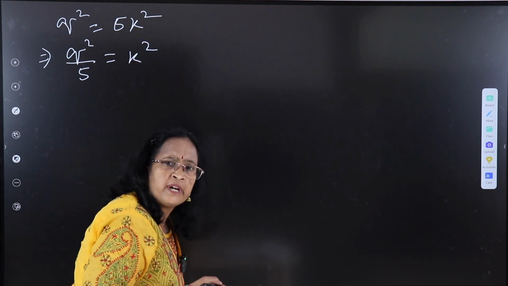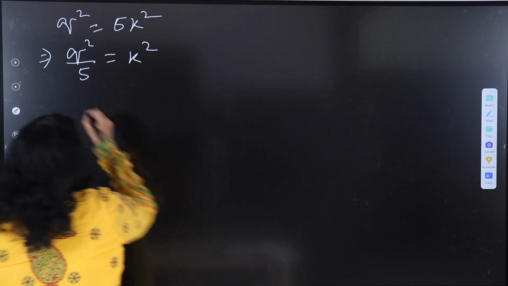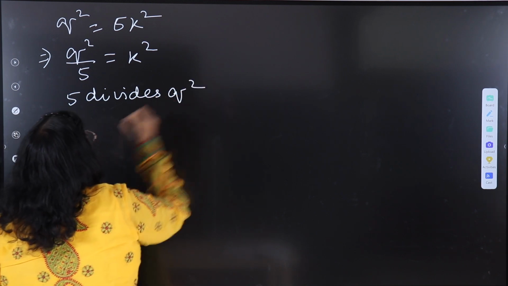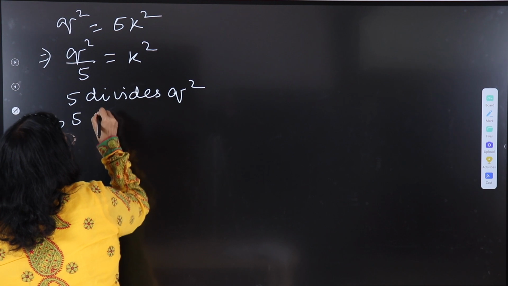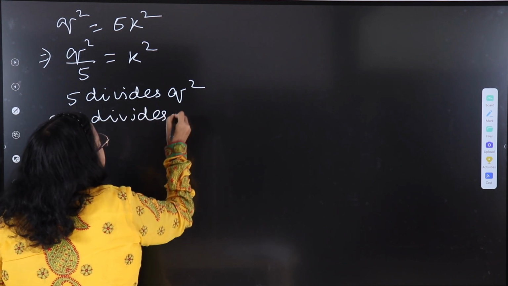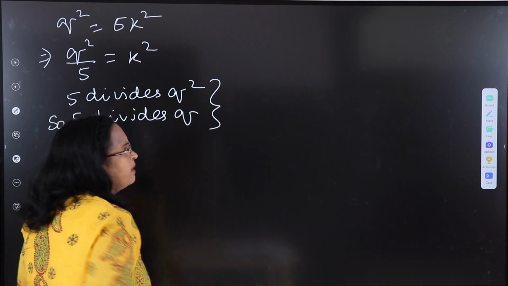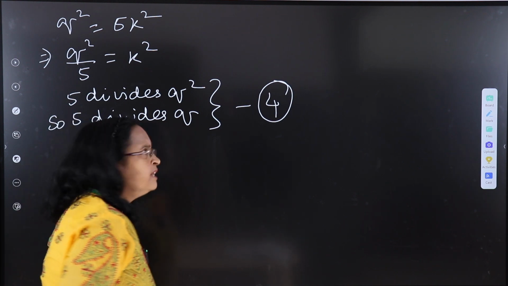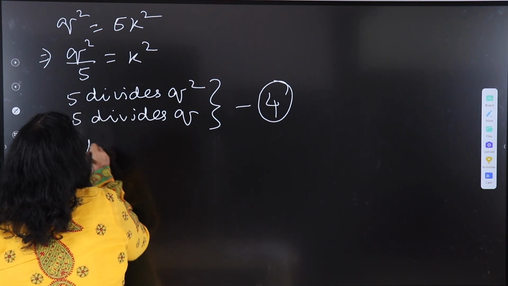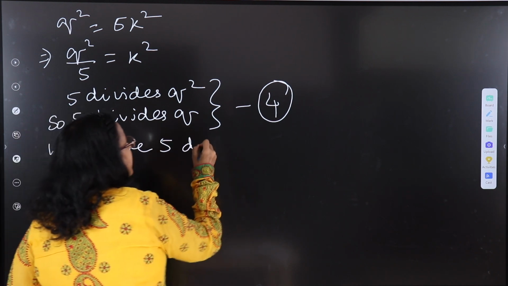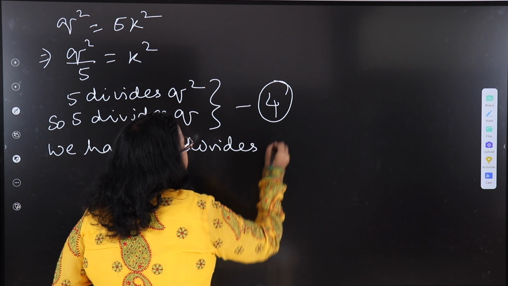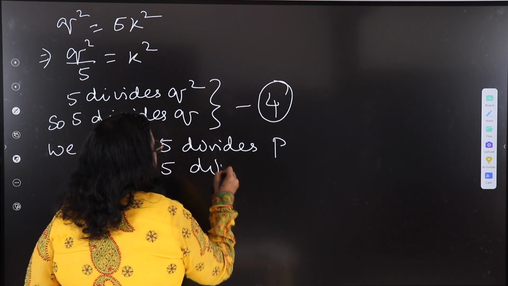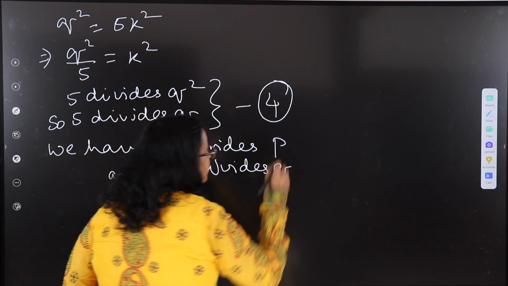What are the two things we should write, children? Absolutely right. 5 divides q square. So 5 divides q. Now let us put this as equation 4. So we have 5 divides p and 5 divides q.